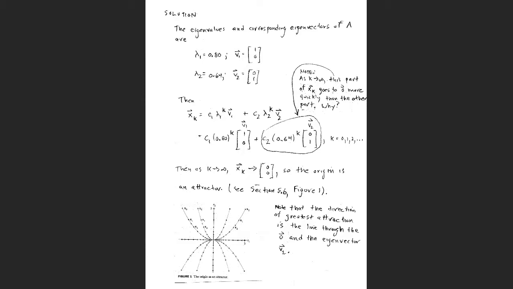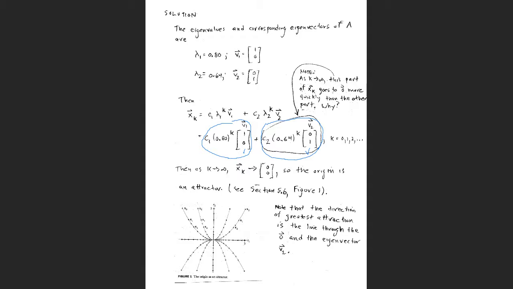For any trajectory, you have a multiple of vector v1 and a multiple of vector v2, and that determines how the vector moves into the origin.